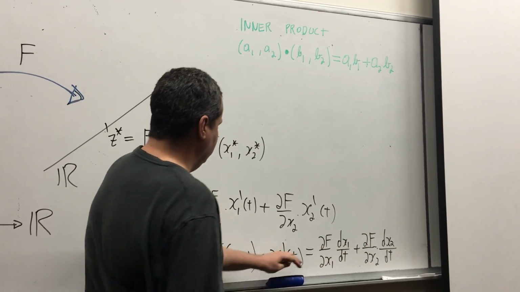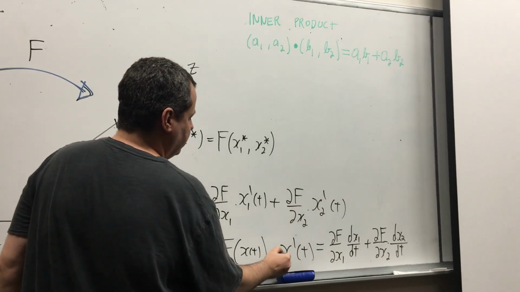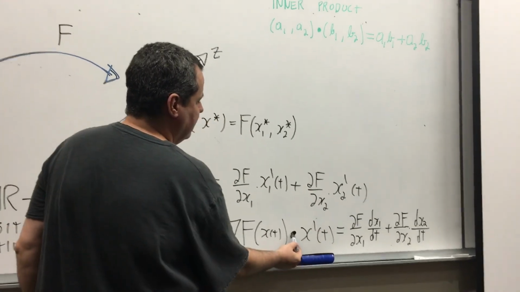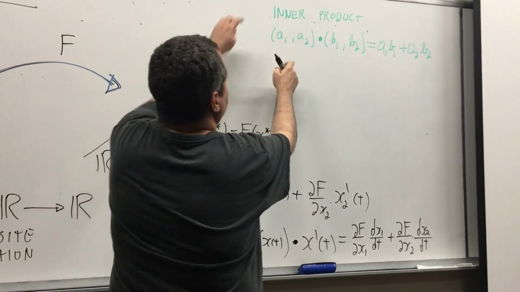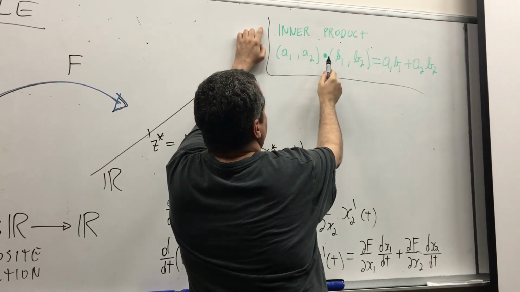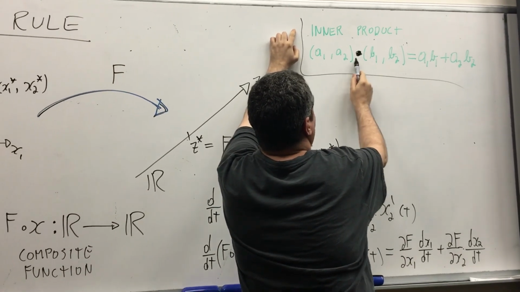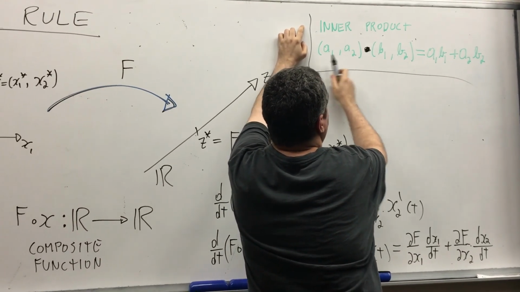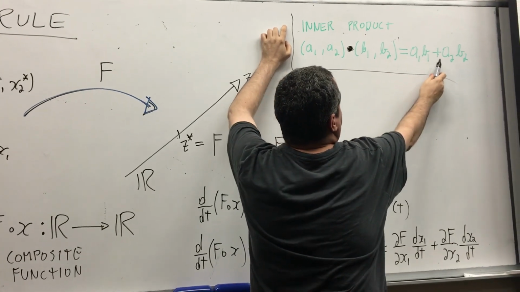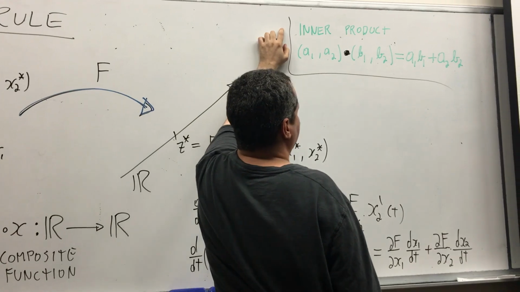You could also use this, the gradient linear product with x prime. What's the linear product? The linear product of two vectors is given by this beautiful formula here. Right? You pick this vector, you compute the linear product with this other vector, you multiply the first coordinates plus the product of the two other coordinates, the second coordinates.